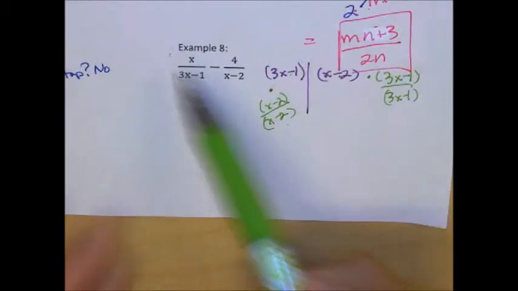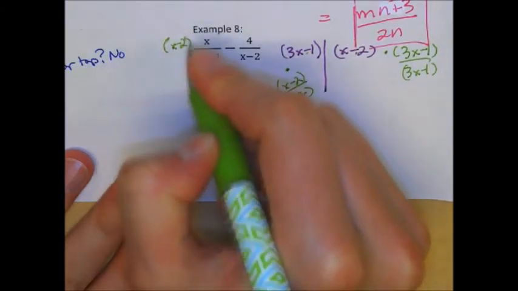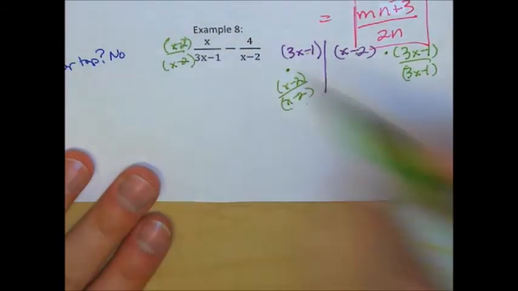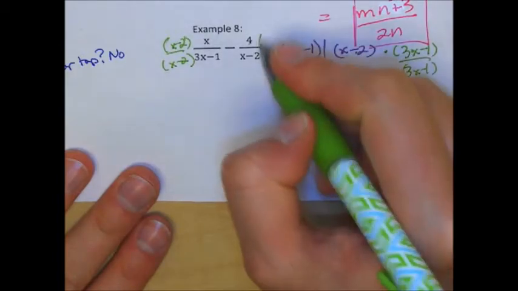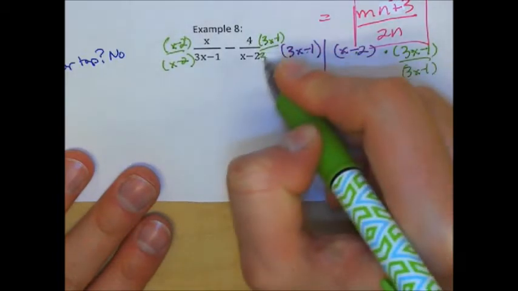So this side, x minus 2. This side, 3x minus 1.